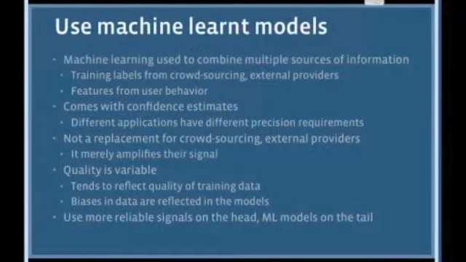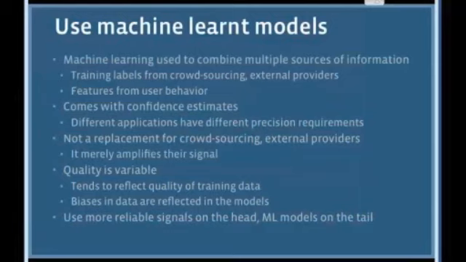What machine learning allows us to do is combine this in a systematic way. In this particular case, for example, we can use the data from the external providers, the crowdsourced data, and the data from the owners as training labels. And we can use the user behavior as features, right? And then we can figure out how to weight different features relative to each other.